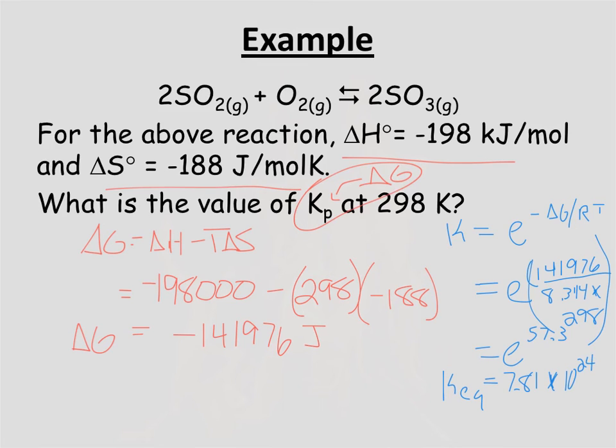Now that's a huge K, but if you look back over here, we have a very huge delta G as well, a very negative one. So this is like a reaction that goes completely to completion, virtually all products here.